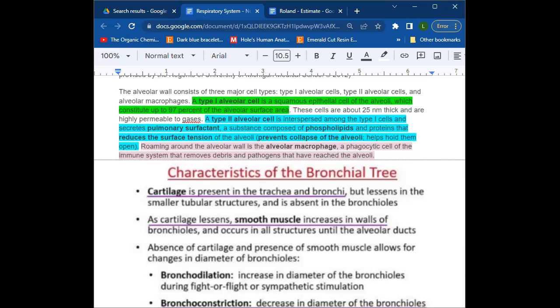So we need to know that the type 1 alveolar cells are the ones that are responsible for the gas exchange. They're the simple squamous epithelial cells. And like I said, they are responsible for the gas exchange.